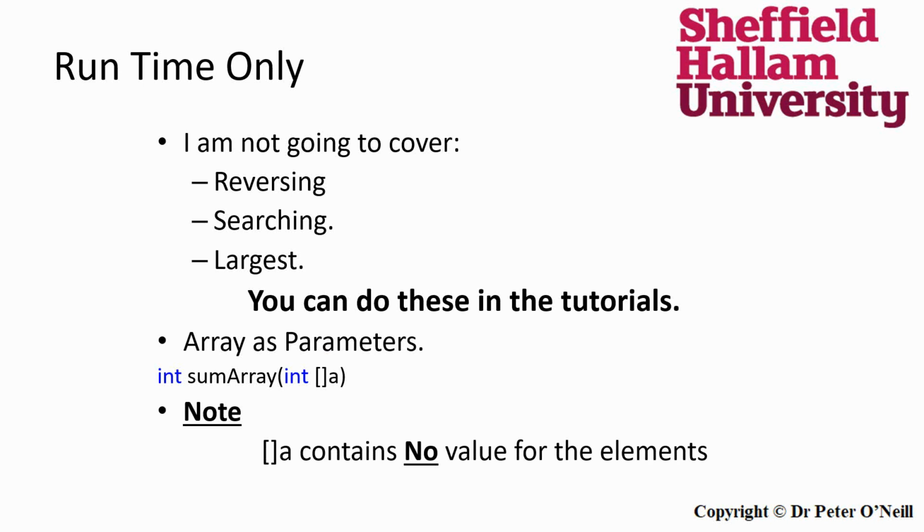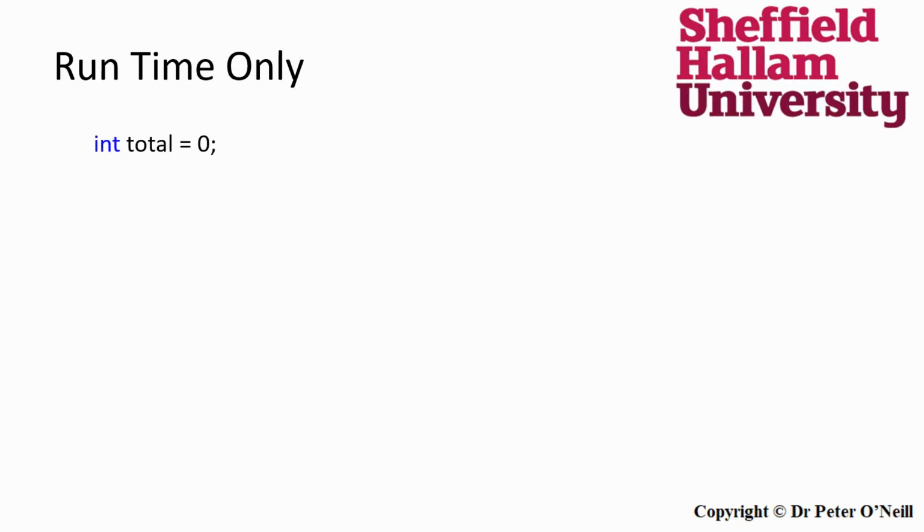Note the open square brackets and close square brackets contain no value because we want it to send all of the values. Int total equals 0.